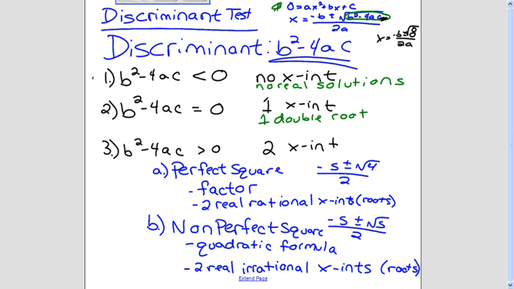In part A, if it's a perfect square, there are going to be two real rational solutions. And if it's a non-perfect square, there's going to be two real irrational solutions.